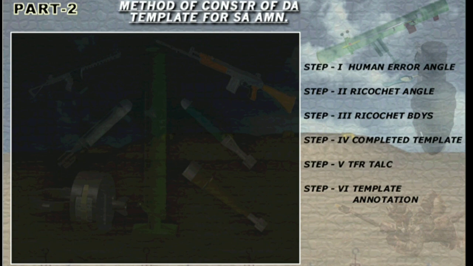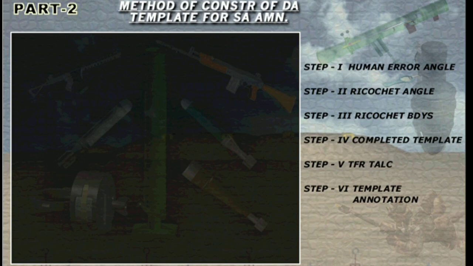Method of construction of DA template for 7.62 mm ammunition. The method consists of the following steps. Step 1. Taking out human error angle.